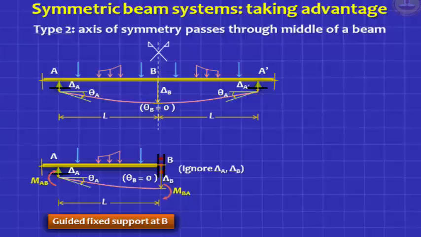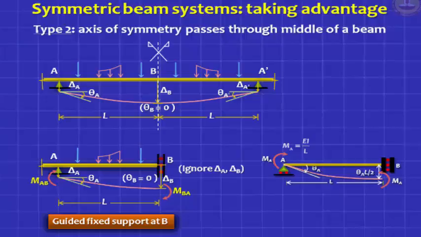You may have a deflection or you may not have a deflection. If you don't have a vertical support there, you won't have a deflection. Here you have no vertical support there, so you have a deflection delta B, and you don't get a vertical shear there, so this becomes your problem. Okay, so you can simplify it with a guided fixed support, and you know the stiffnesses of a guided fixed support.